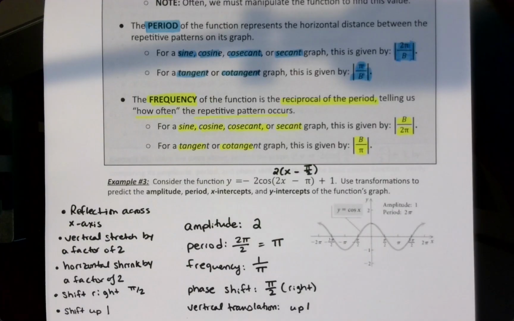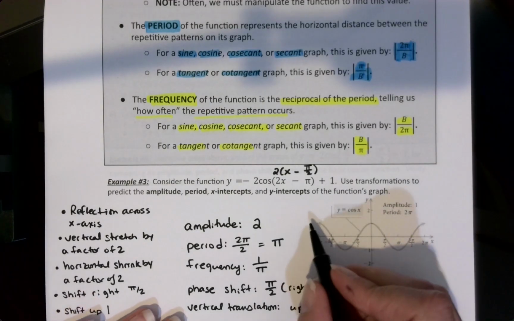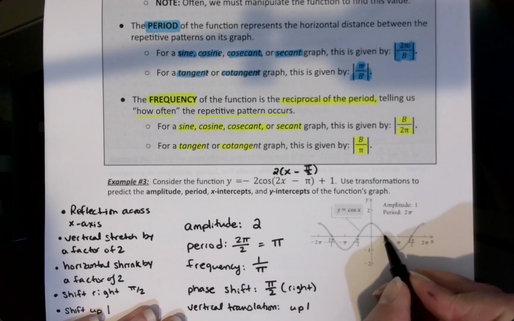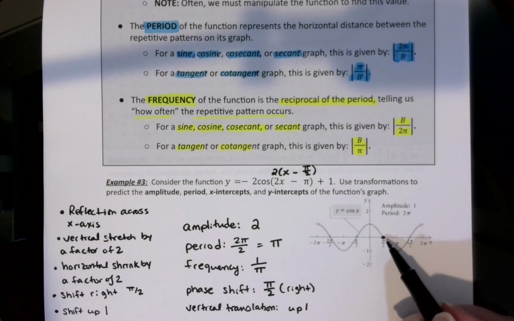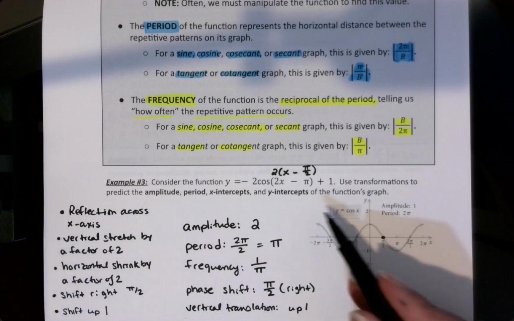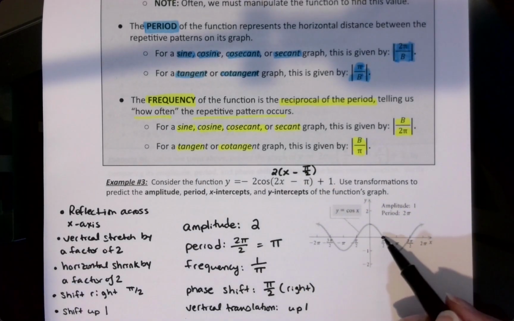All right, so the location of the x and y intercepts, there's not a quick formula for how to find those, so we're going to just consider where they might be. So the cosine function has an x-intercept at pi halves. If I increase the amplitude to 2, that's not going to change an x-intercept, that's going to change a y-intercept, so we'll get to that in a minute.